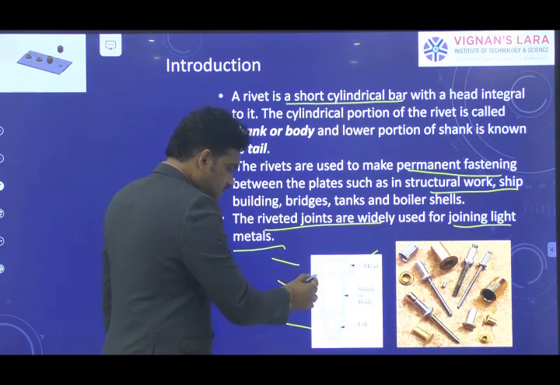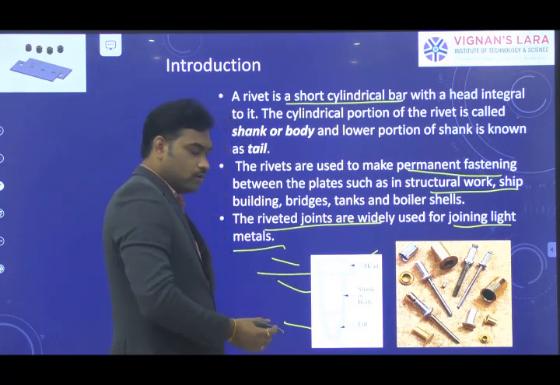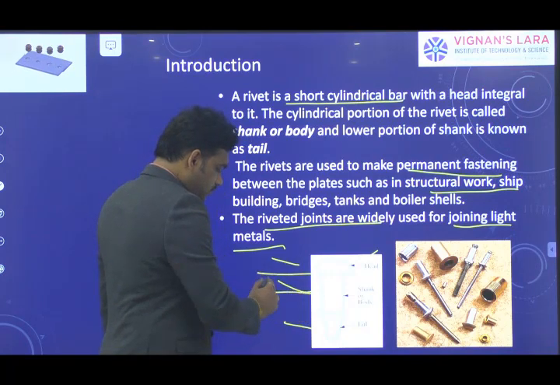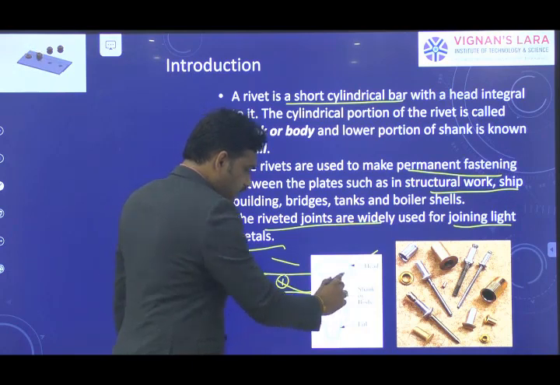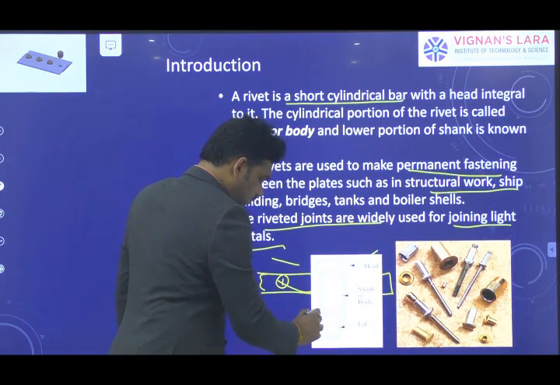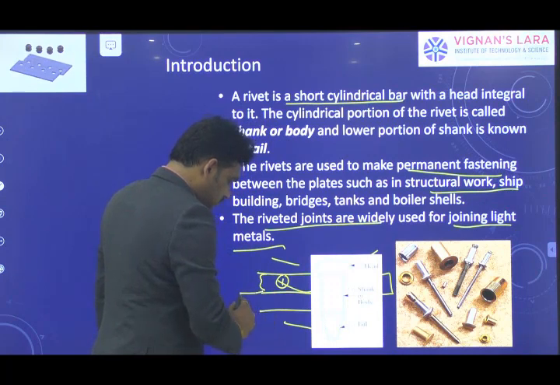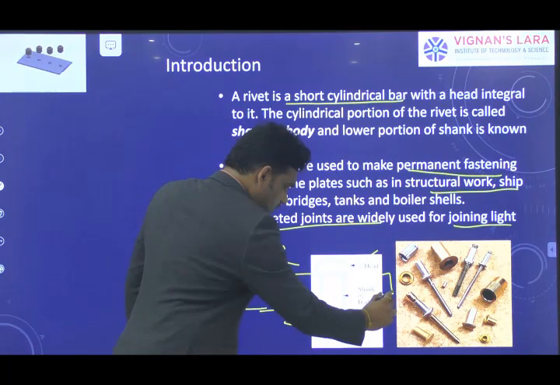These joints are formed by drilling a hole in a machine component. This is one machine component, and there is another machine component, and both can be connected.